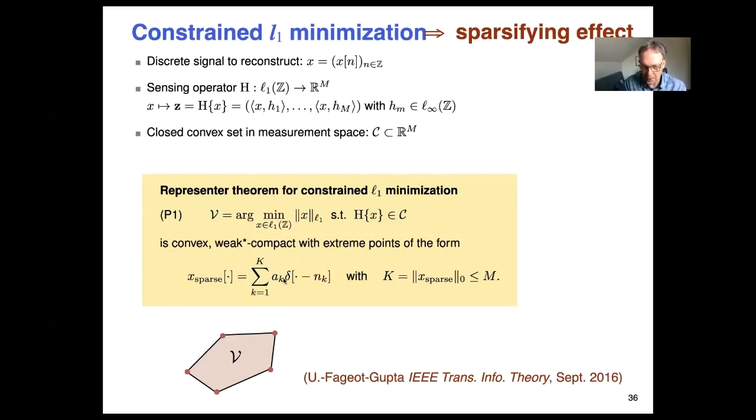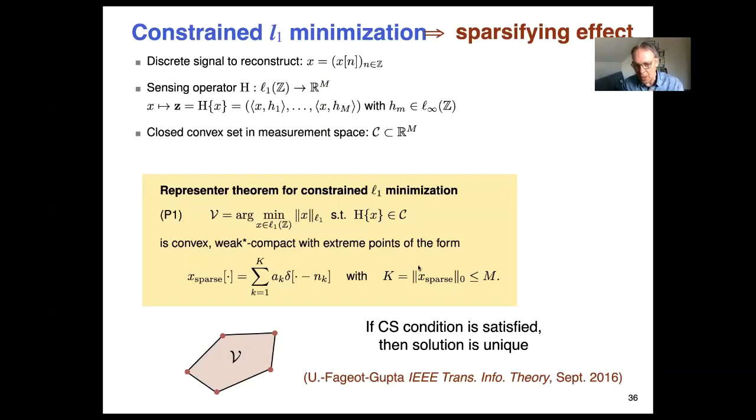But it says that, in fact, there are fewer of them than you had measurements. So essentially, this means that the extreme points of the solution of that problem are sparse. Here you could put any convex cost, but that looks a little abstract, so let me show you a picture.